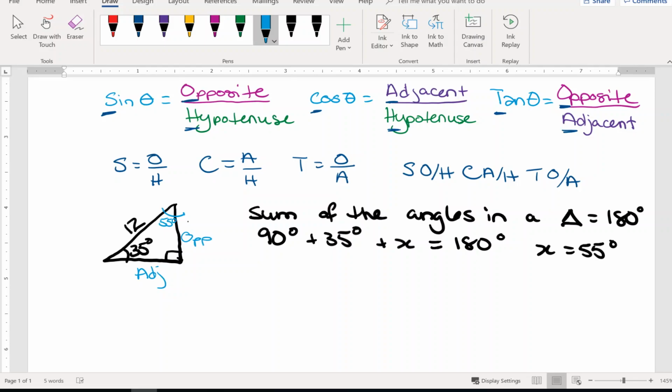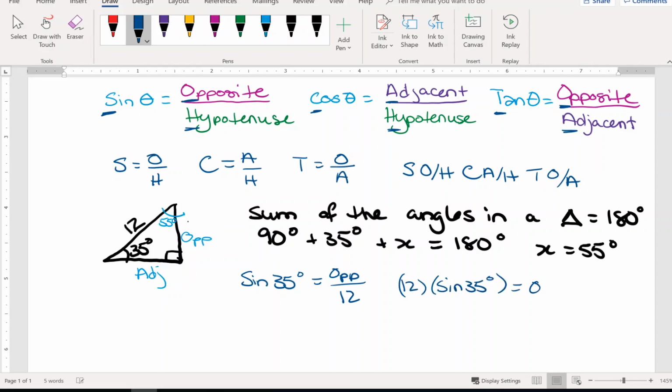So let's start with using sine. So we have sine of 35 degrees, and this is equal to our opposite side over our hypotenuse, which is 12. Now if we multiply both sides by 12, then we get 12 times the sine of 35 degrees is equal to our opposite side.